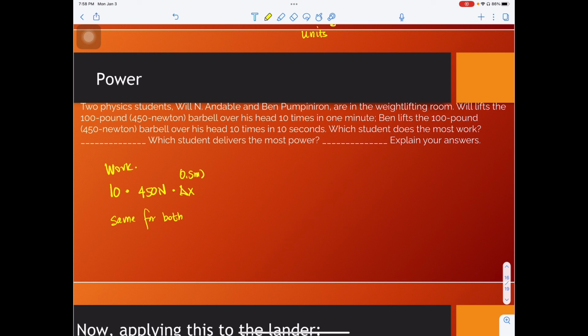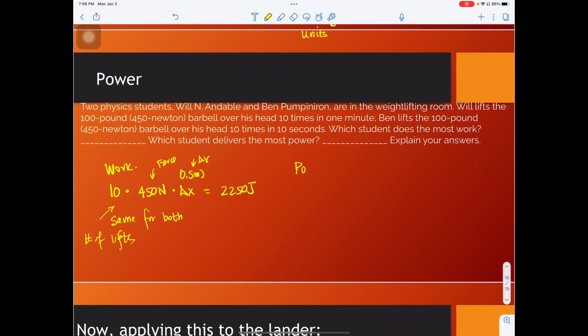That's probably way too long. So we're going to have 10 times 450 times 0.5. That's going to give me 2250 joules. Remember, this is the force, this is the displacement, and this is the number of lifts. So both of them are doing this.